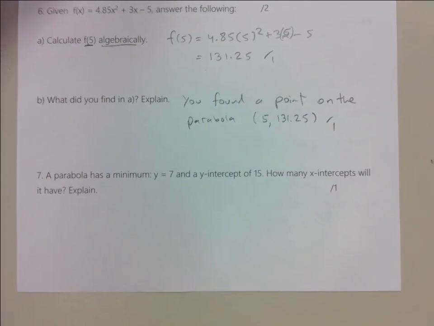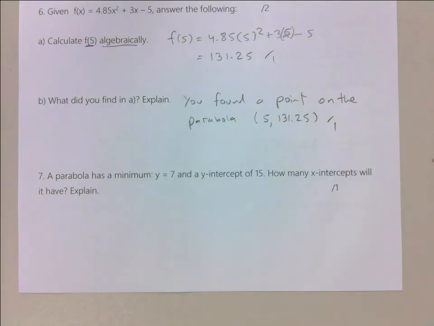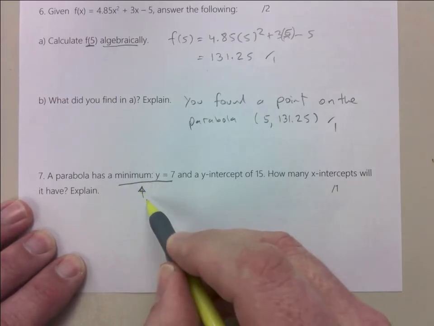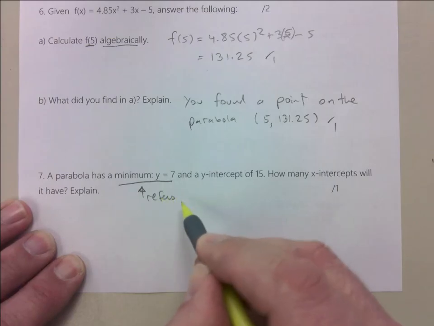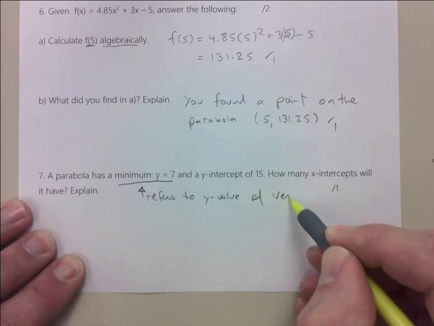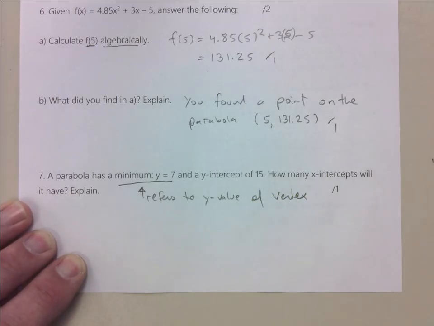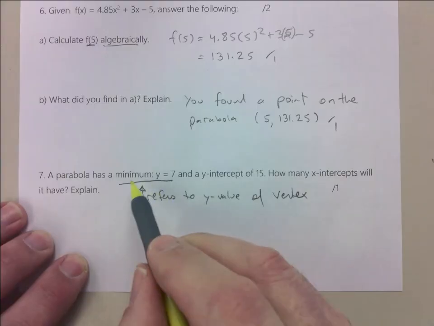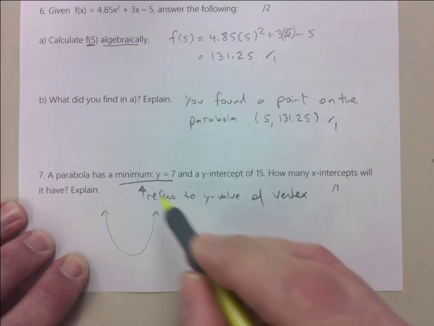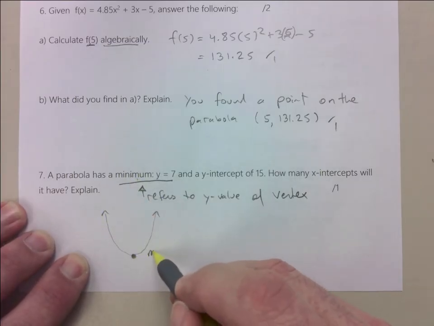Last but not least, a parabola has a minimum of 7 and a y-intercept of 15. How many x-intercepts will it have? The minimum refers to the y value of the vertex. Remember, the equation of the max or min is directly linked to your vertex. And if it's a minimum, the vertex is right here.